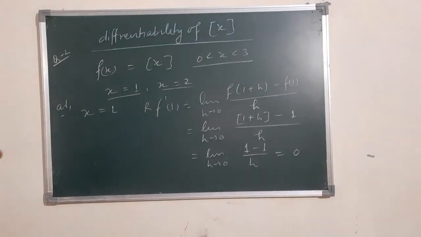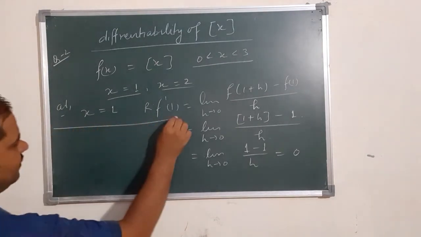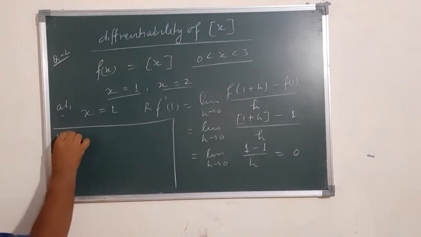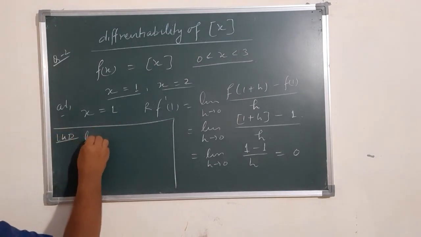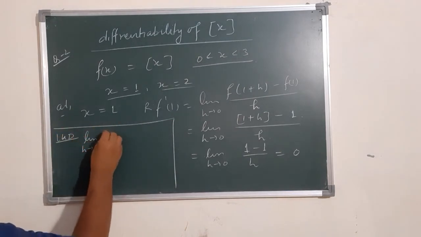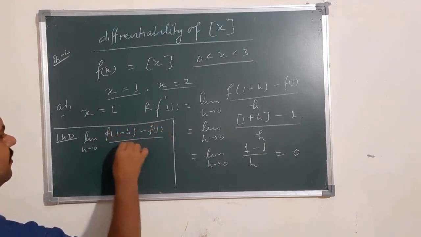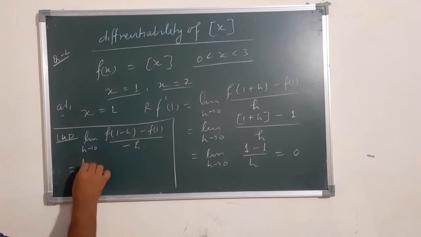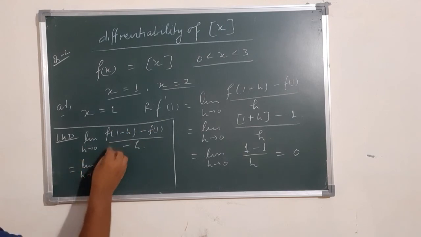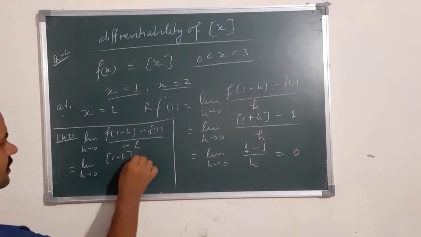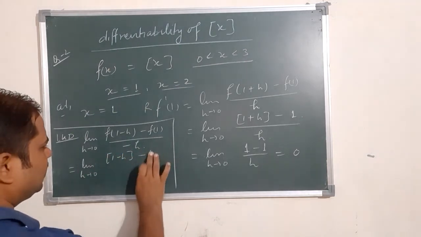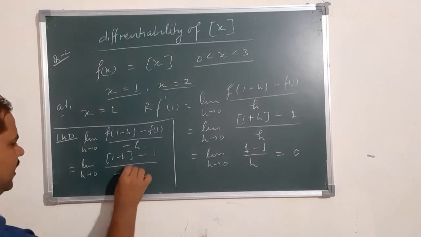Now LHD, the left-handed derivative. This is the limit as h tends to 0 of f(1 minus h) minus f(1), divided by minus h, which is bracket of 1 minus h minus 1, divided by minus h.